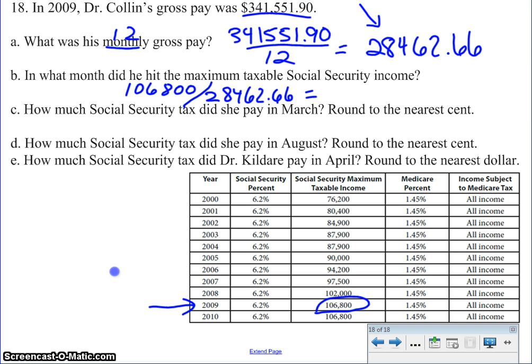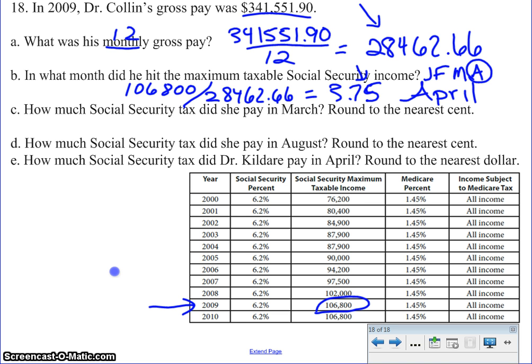And when I do that, I get 3.75. So what that means is he paid all through the first 3 months and into part of the 4th month, and that's what the 0.75 is. So when I think about it, I've got January, February, March, April is the 4th month, so the answer to this question is April.